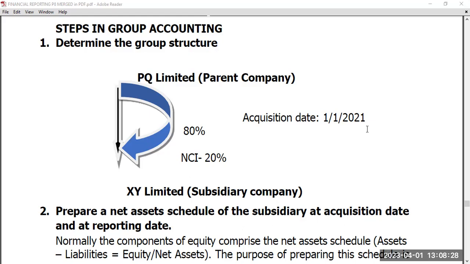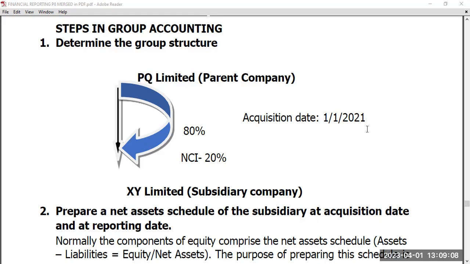According to where we stopped, in part 3 of the video we uploaded yesterday, we looked at IFRS 10, that is consolidated financial statements, and we saw from there that the standard permits us to prepare the consolidated financial statements when you have a parent and a subsidiary relationship.